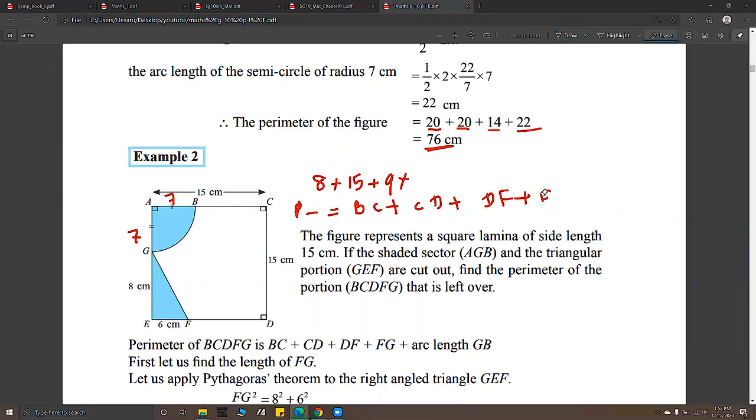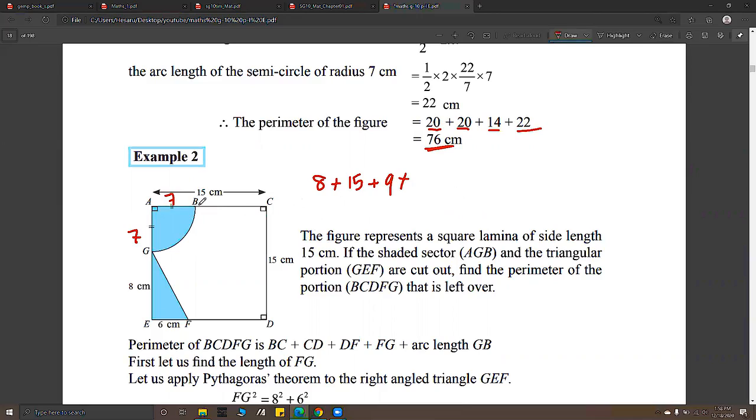I'm not writing like this when I'm explaining, because it might confuse you. But it's very simple to write like this when you are doing it, to make sure that you are not losing marks for these steps.